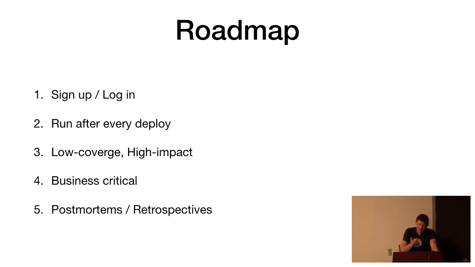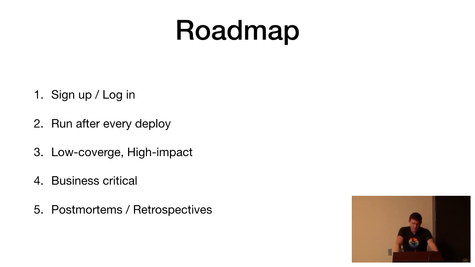After that, start looking at areas of your product that have low coverage but would have high impact. So things like sign up, payment, contacting support. If any of these went down, for us, that would be terrible. So those are where we started with regression tests. And then look at other business critical areas, whatever is tied to your KPI or true north metrics.